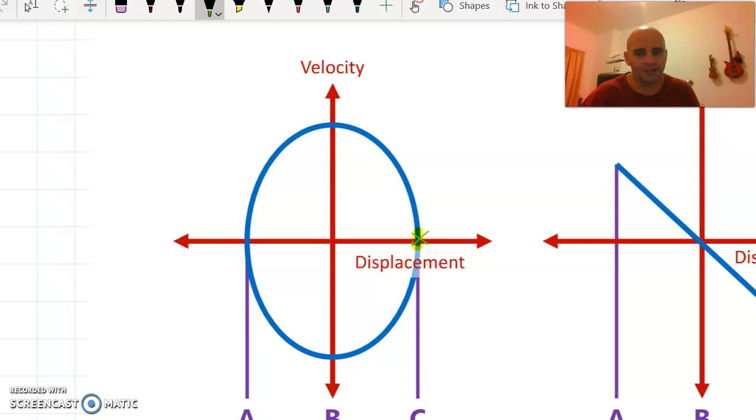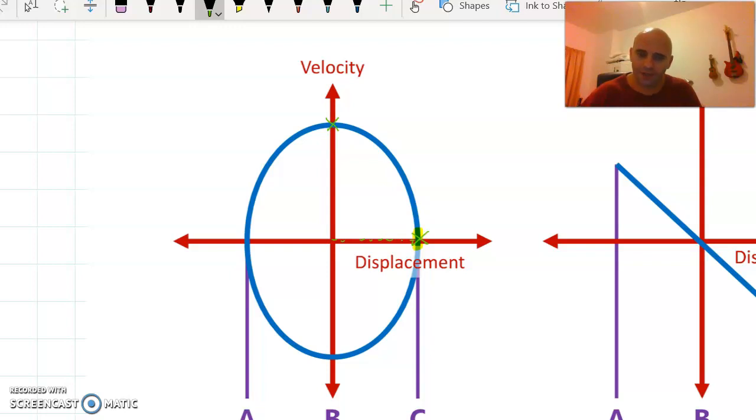Then the velocity is zero because it's on the zero. It's zero on the velocity axis. The displacement decreases, it comes back towards the equilibrium point, and when it gets to the equilibrium point, in other words, the displacement is zero, the velocity is positive maximum.